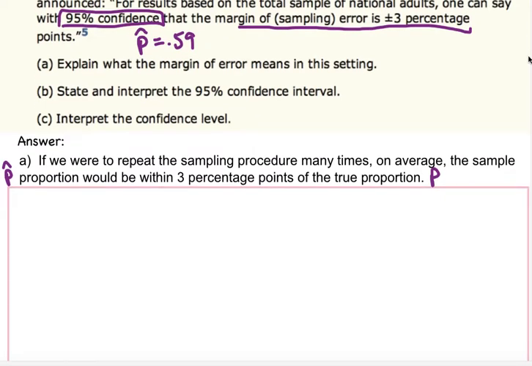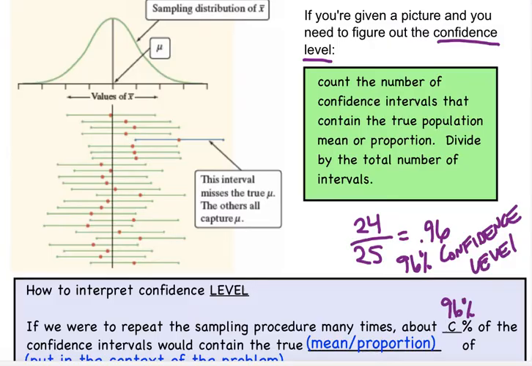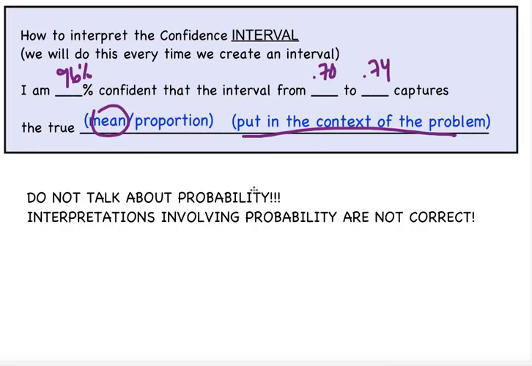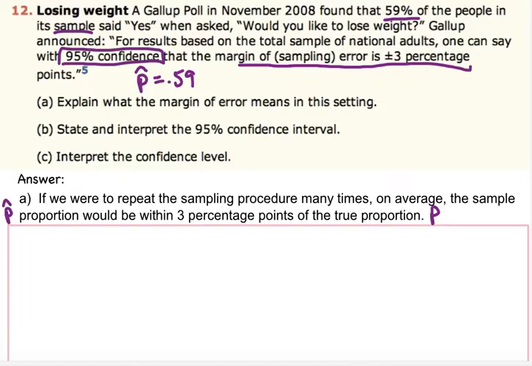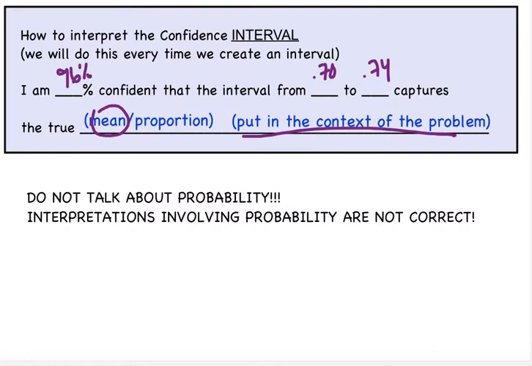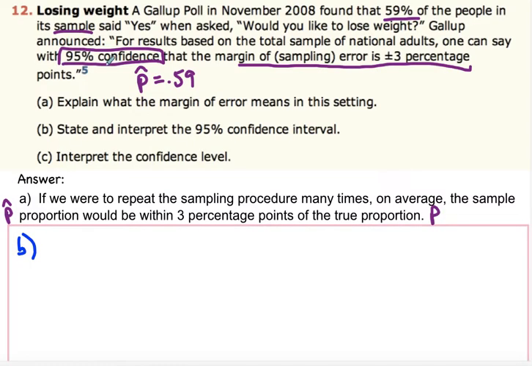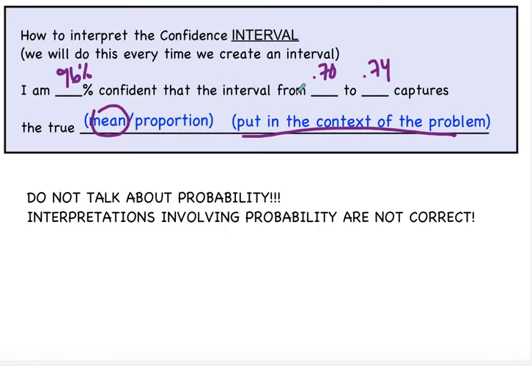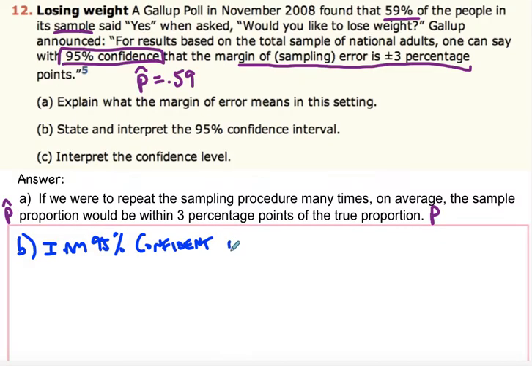Then for part B, we're supposed to state and interpret the 95% confidence interval. Oh, here it is, confidence interval. This is the interpretation of that. So for part B, I'm going to actually write it out. Referring back to here, I am 95% confident that the interval from where to where, we have to figure that out.